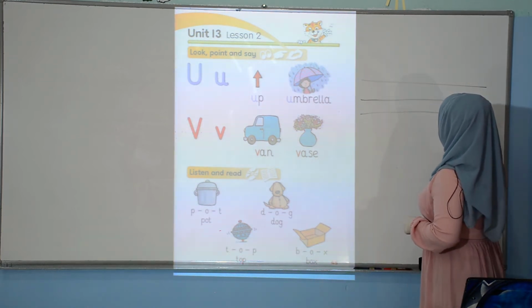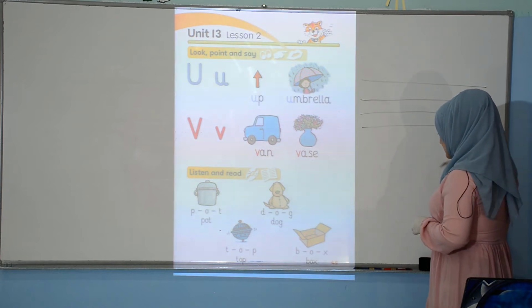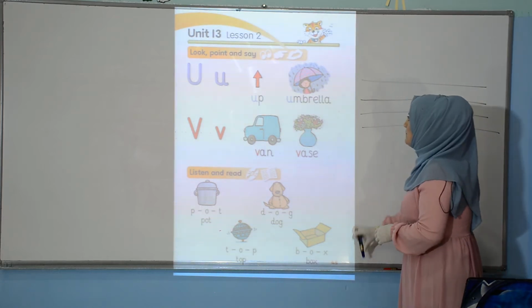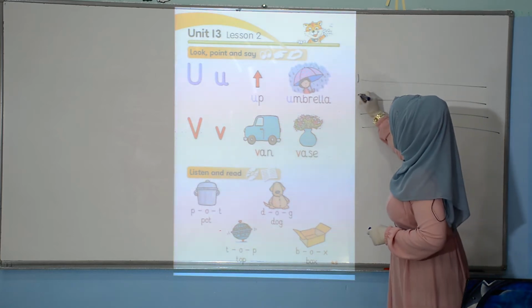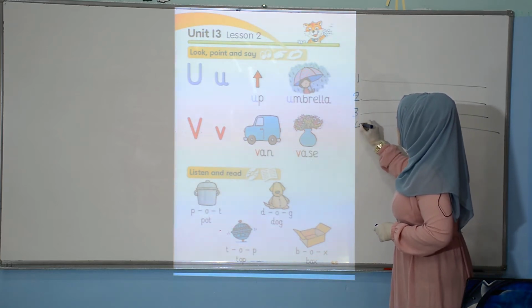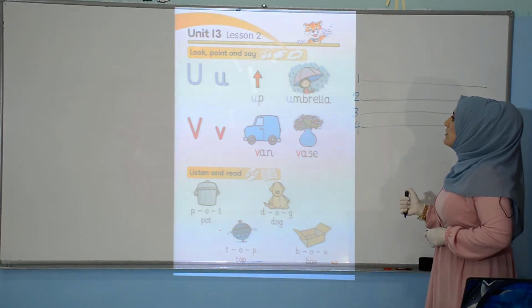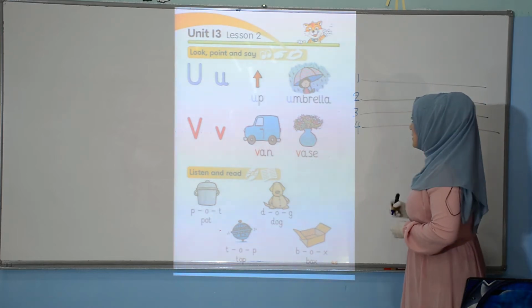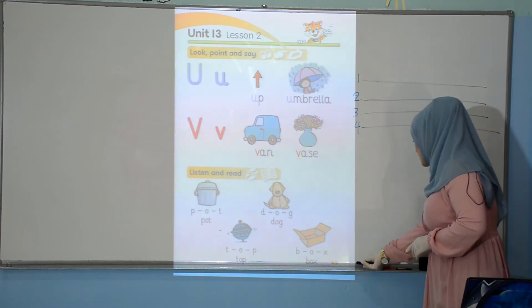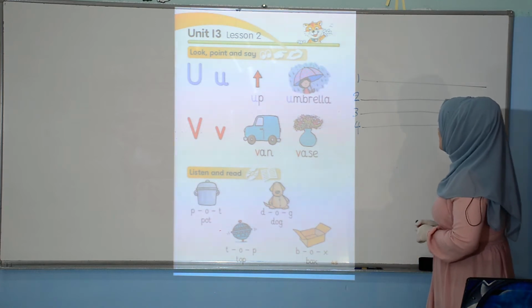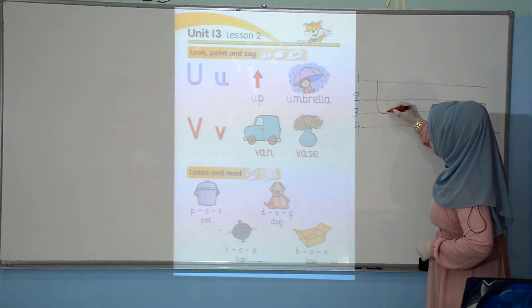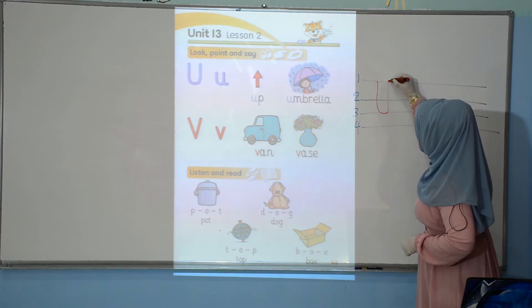Now students, let's see how we write letters U and V. We have to draw 4 lines, okay? And let us write down, and I put numbers for you, 1, 2, 3, 4. Okay, capital U, we have to start it from line 1, okay? Be with me, please. Down, and you make it round like that, up.